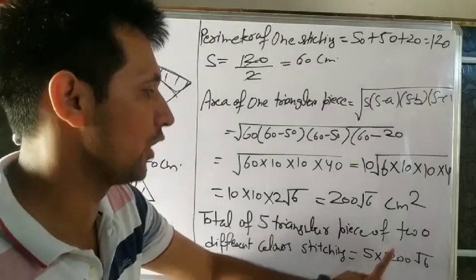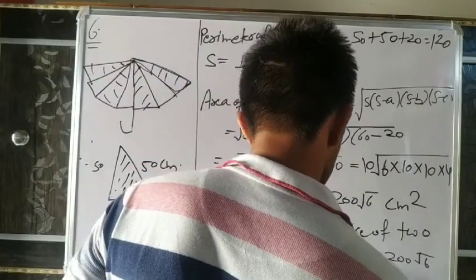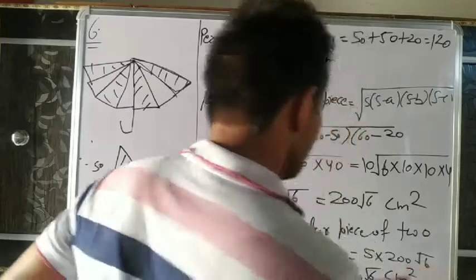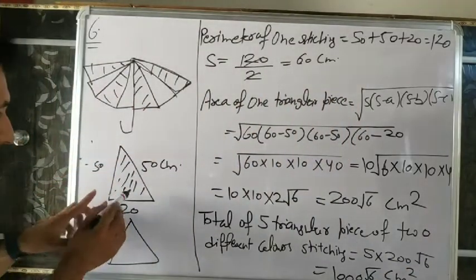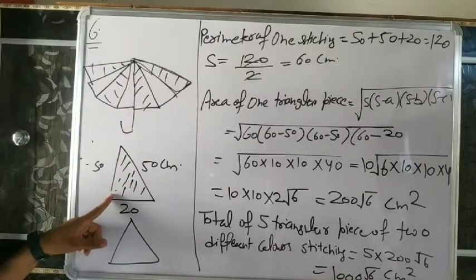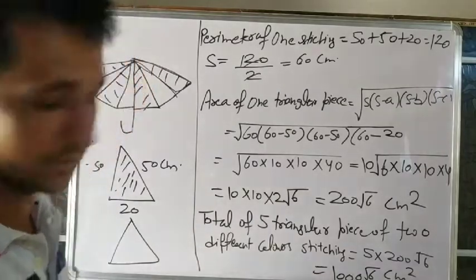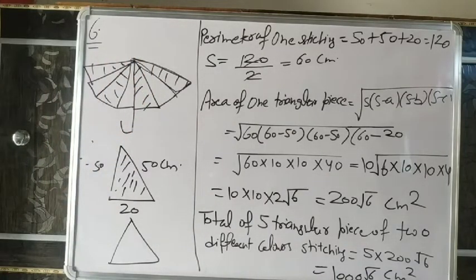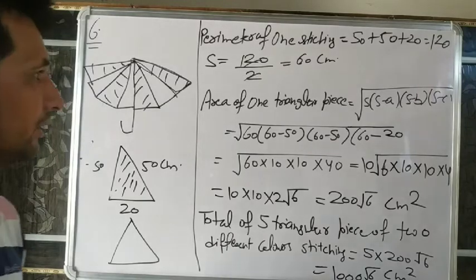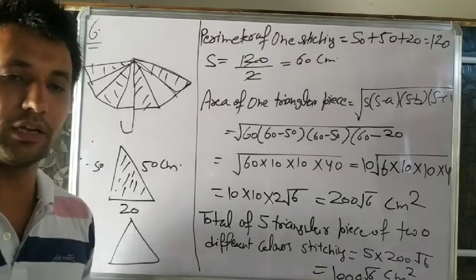The same, it is the area of 5 stitchings, 5 multiply this. So it means total area of lining stitching is 1000 root 6 centimeter square, and area of 5 stitchings plain is 1000 root 6. So everyone try question 7, 8, 9 also, and its example also we will try by yourself. Understand everyone? And note it down. Thank you everyone. Have a nice day and good day.